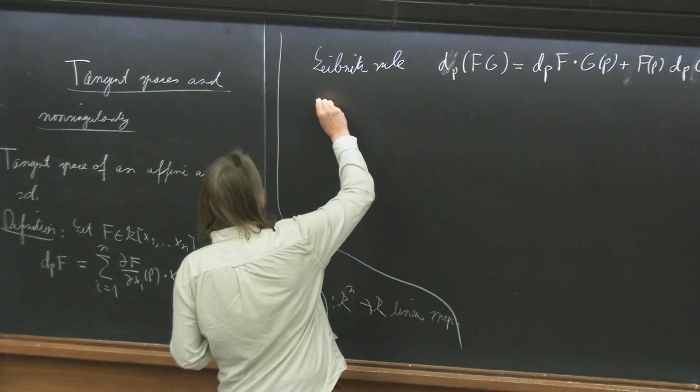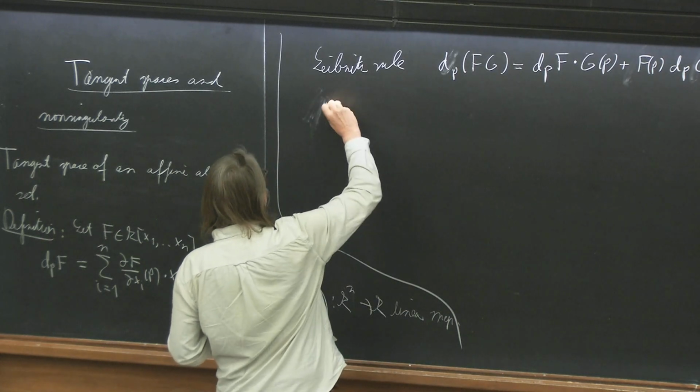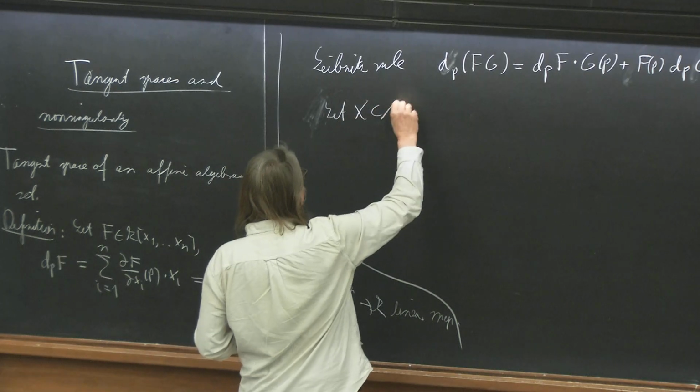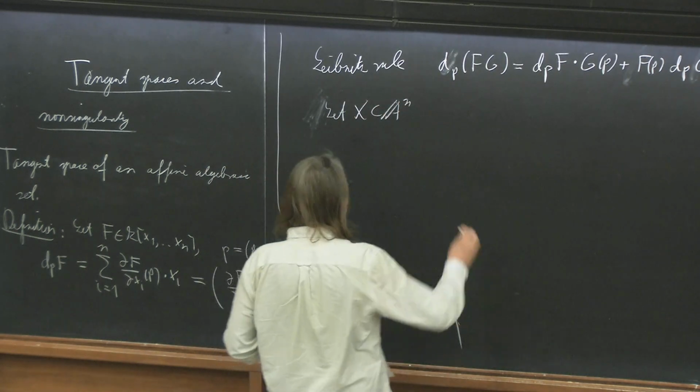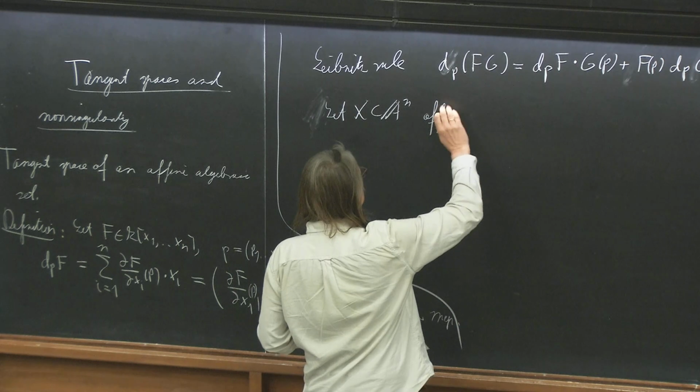So now the tangent space. Let X in A^n be an affine algebraic set. I don't need it to be a variety at the moment.